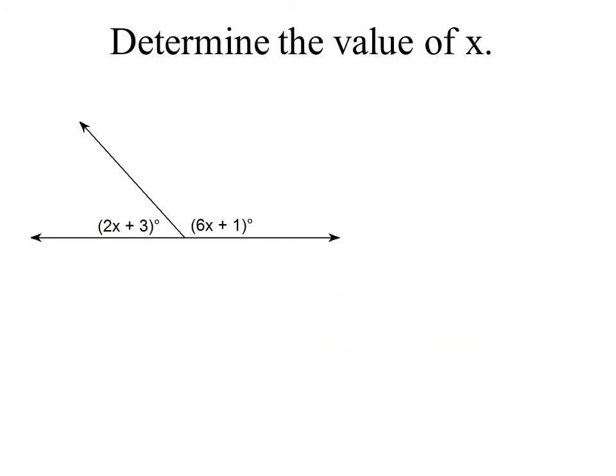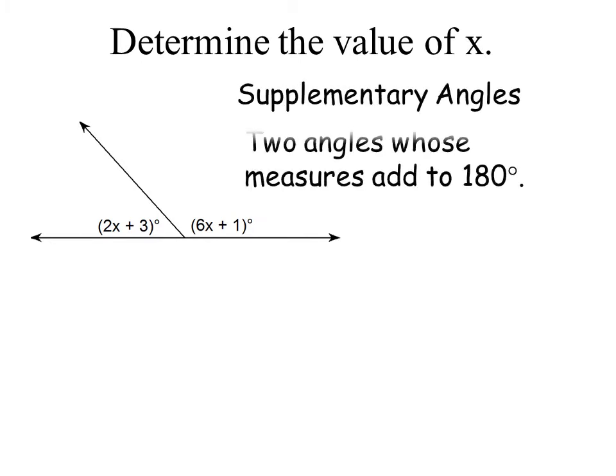And one last example, determine the value of x. Well, if I take a look at these two adjacent angles, they form a straight angle together, so I know that they would be supplementary angles. If I think about my definition of supplementary angles, I know it's two angles whose measures add to 180 degrees.